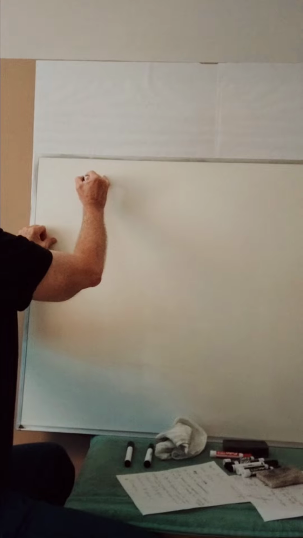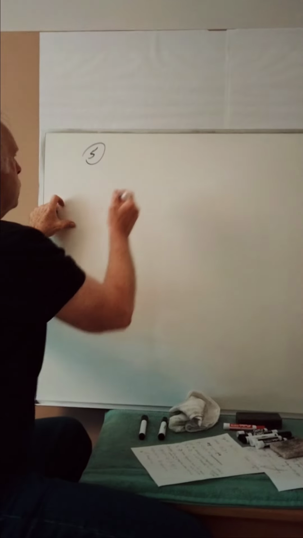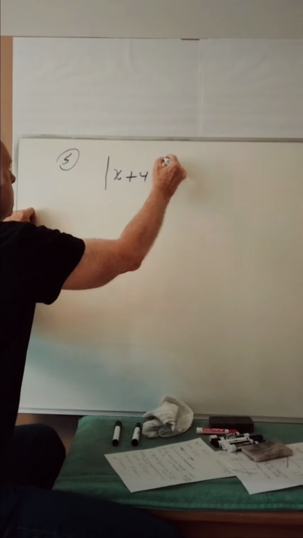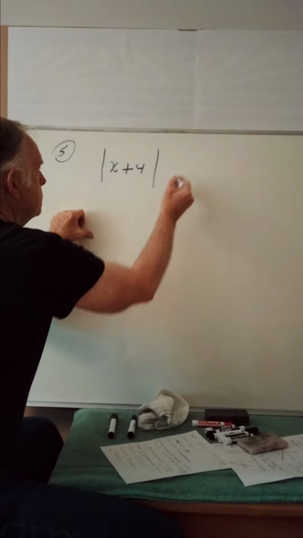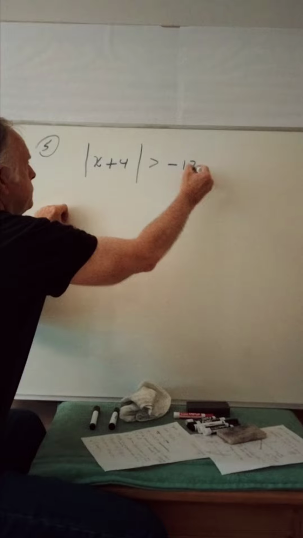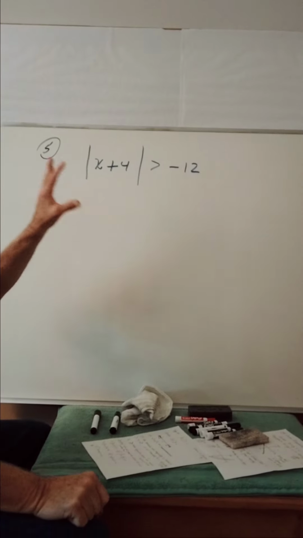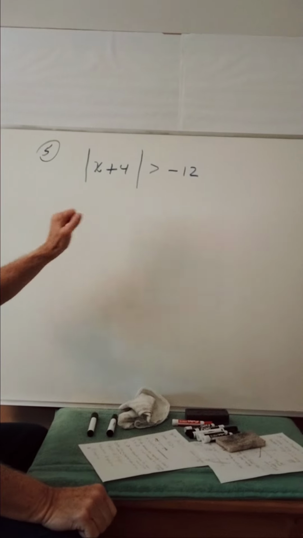Final one. It's a quick one because it won't require really anything, but we have to watch for what we're doing. I'm going to mention this before we do this one.